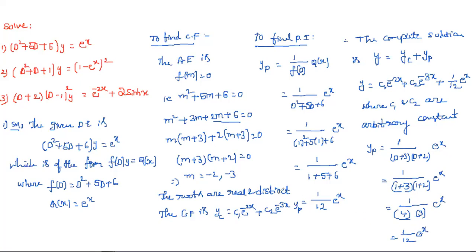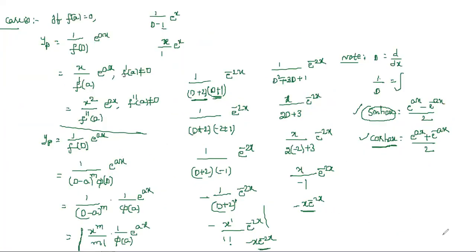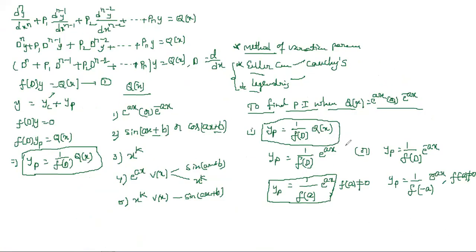Got it, no? So this is type 1, case 1. In case 1, what we discussed is, if f of a is not equal to 0, then there is no need to write splitting factors and all those things. We can substitute directly in place of D whatever the coefficient of x is, whether plus or minus.